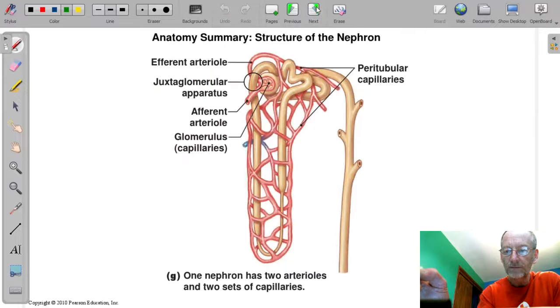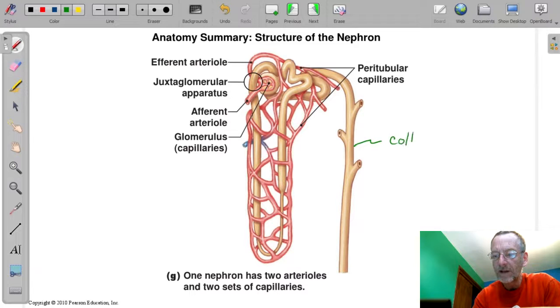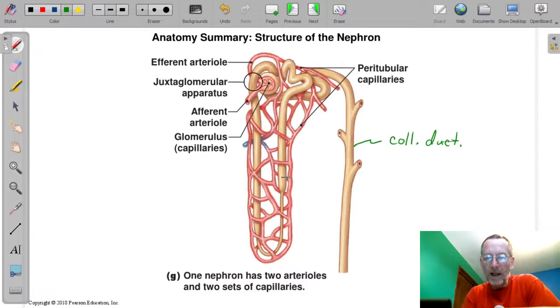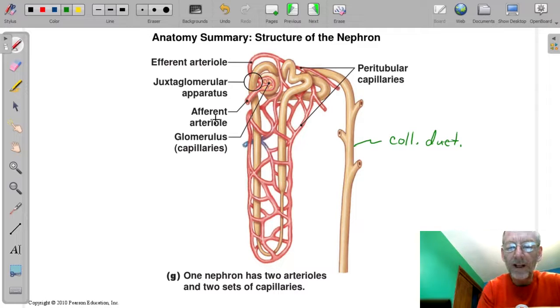So here's the collecting duct again. I'll abbreviate. And one of these limbs is going down, one of them is going up. At this point, well, we could figure it out. Let's identify the afferent and efferent arterioles. Take care of those first.